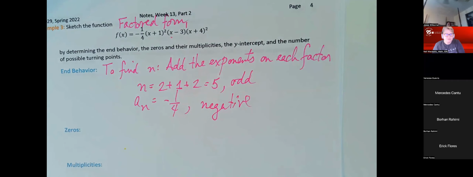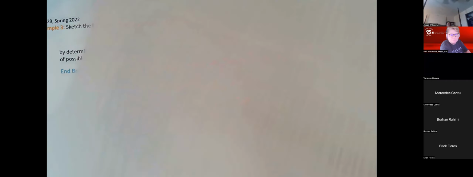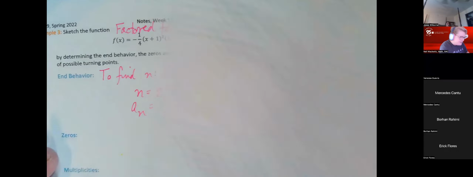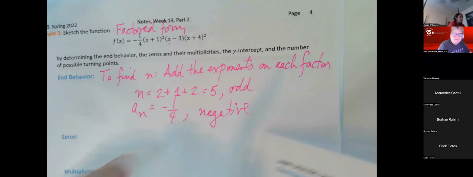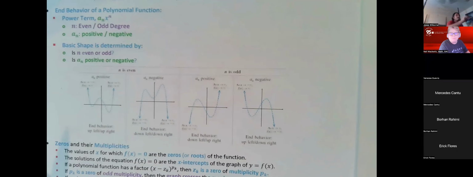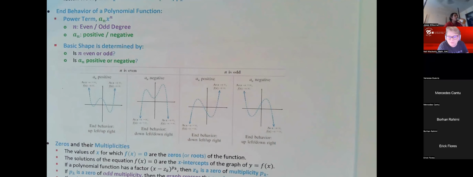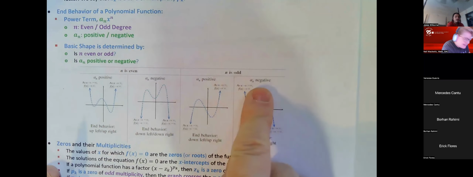All right, so let's get our chart out. We have n is odd, a sub n is negative. So which picture am I going to use for the end behavior? The last one. Good. We have n odd, a sub n negative.